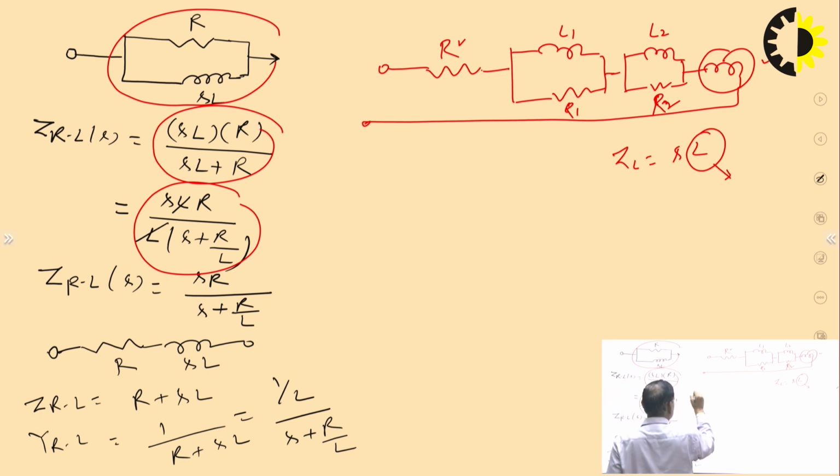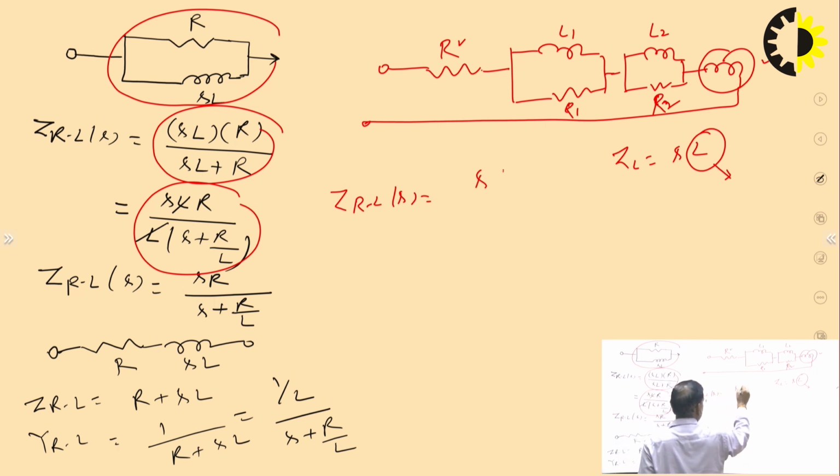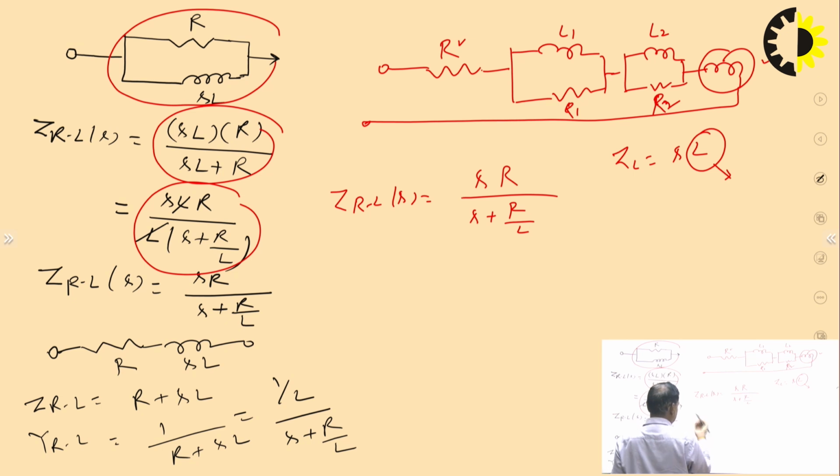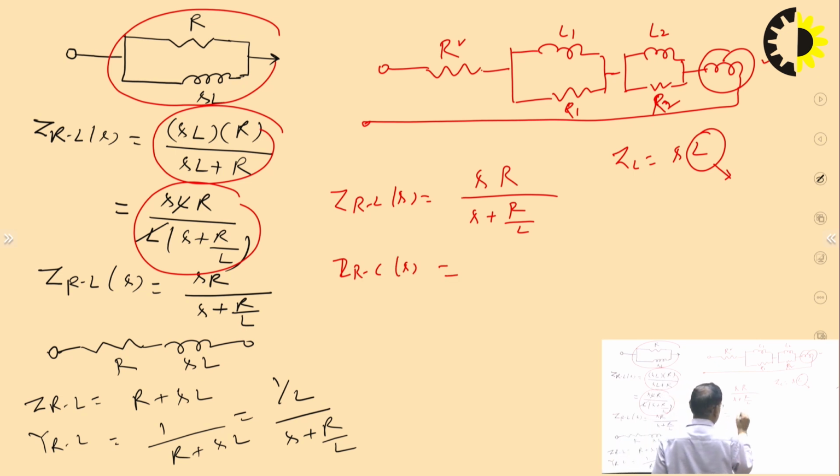So here ZRL(s) is equal to sR upon s plus R by L, and we have one factor in the partial fraction expansion. If we look at the previous equations, we have this K1 s upon s plus sigma 1.